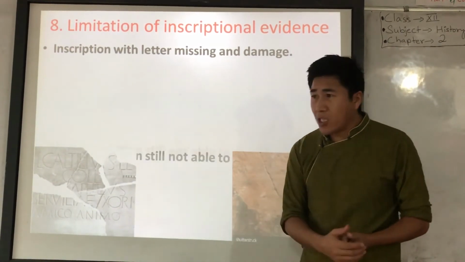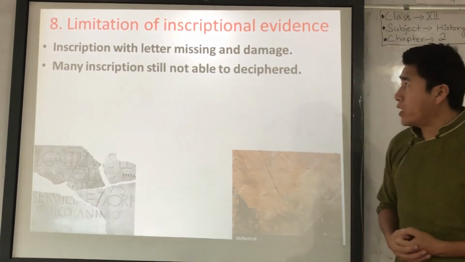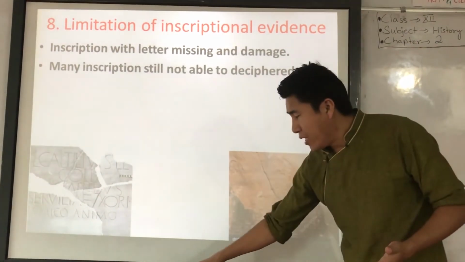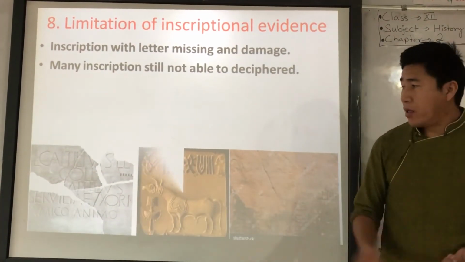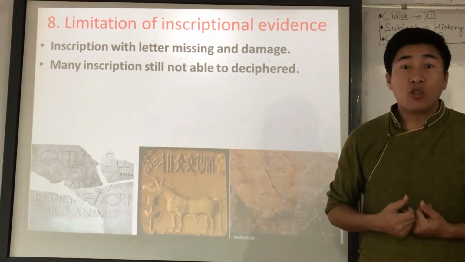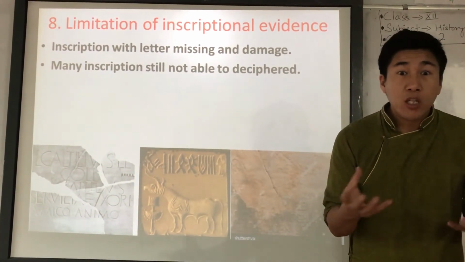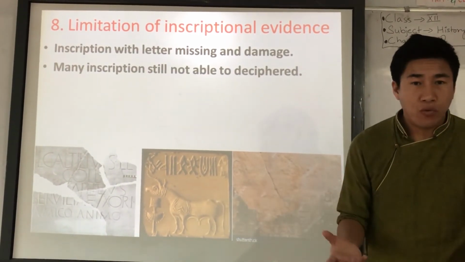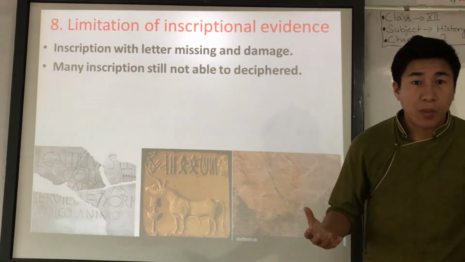Now the second limitation is, we found lots of inscriptions, right? But some of them we are not able to decipher, just like the Harappan script. We know the Harappan script is very beautiful. We know there is a strong history behind it, but we don't know how to read it. So that is just like window shopping.